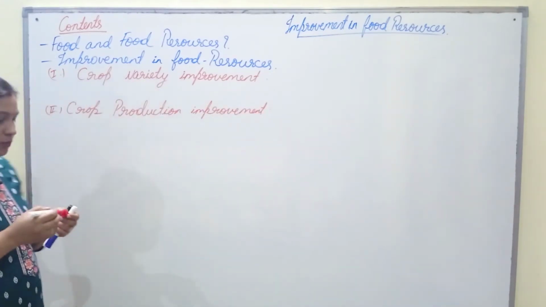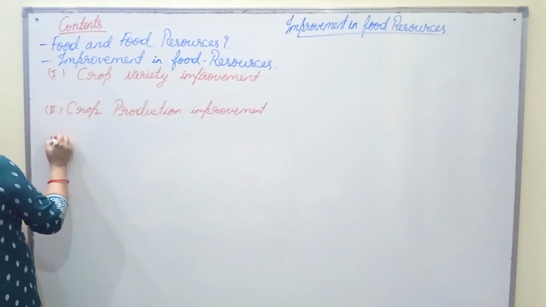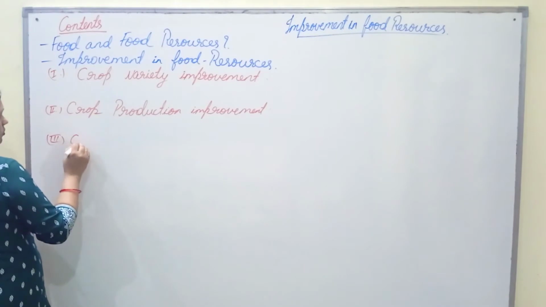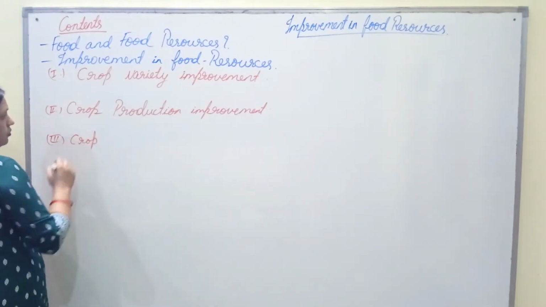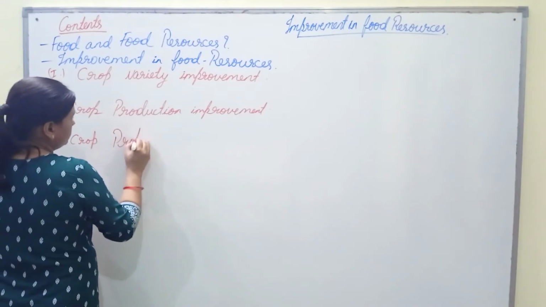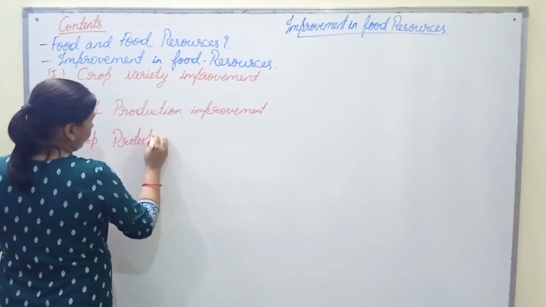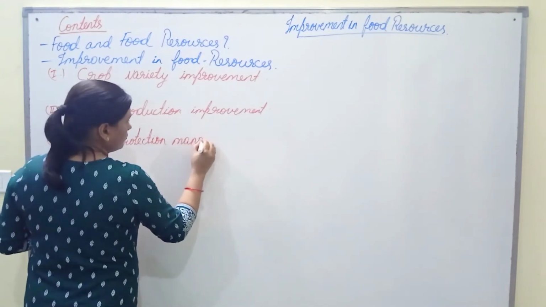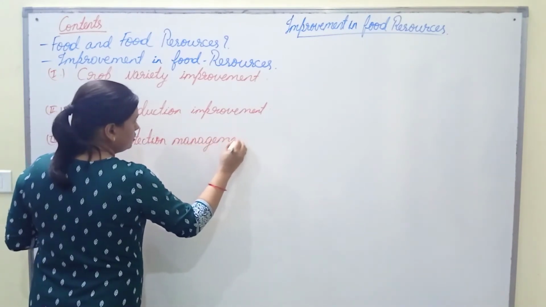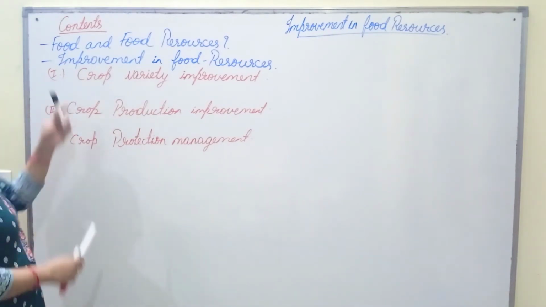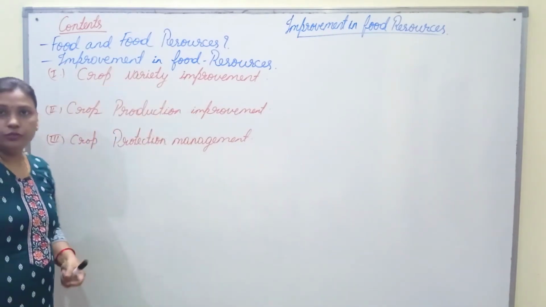And the third step is protection, crop protection management. So these are the 3 steps that we will discuss in the section improvement in food resources.